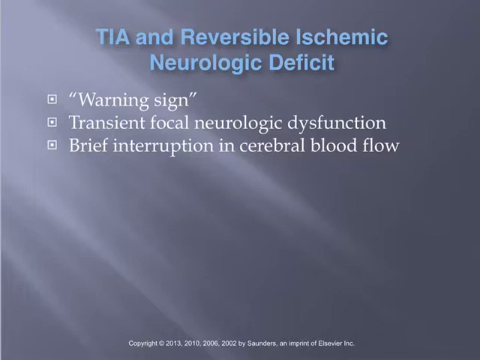It's also known as a silent stroke, and what it is is a brief interruption of cerebral blood flow caused by either a vasospasm or systemic arterial hypertension. TIAs last for a few minutes to several, but never longer than 24 hours.